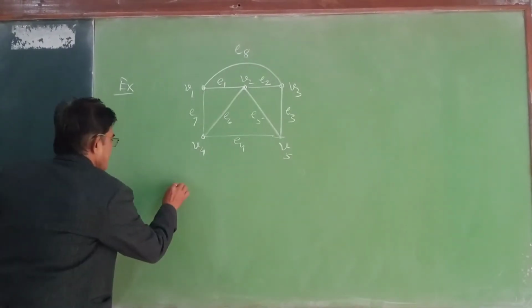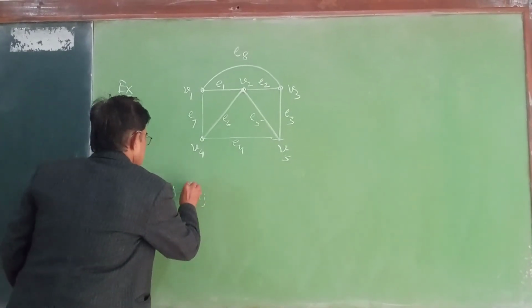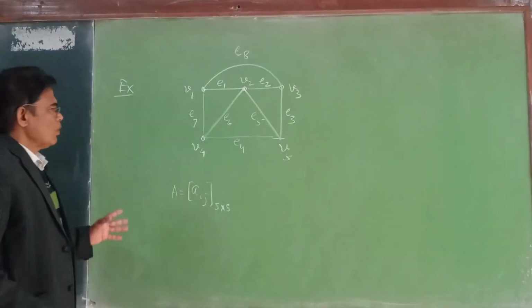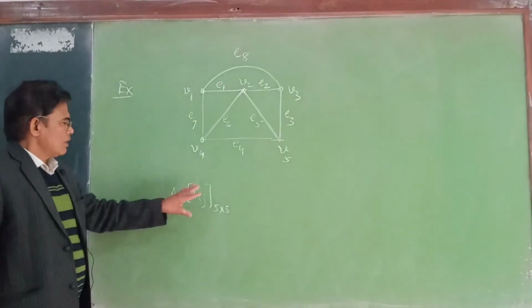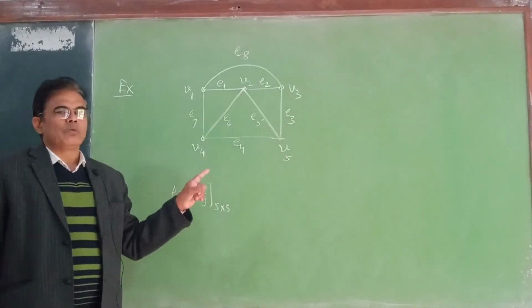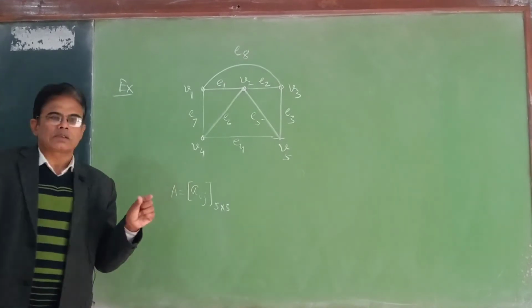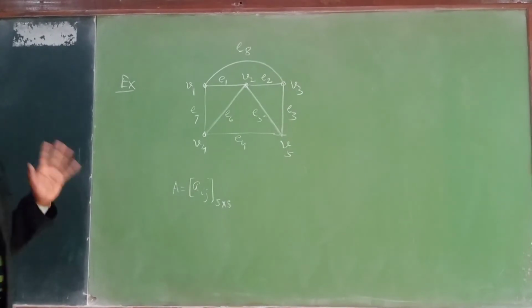So matrix A is equal to Aij, 5 cross 5. As we know by the definition of this matrix, it only has 1 and 0. When there is an edge between two vertices, we write 1, otherwise 0.